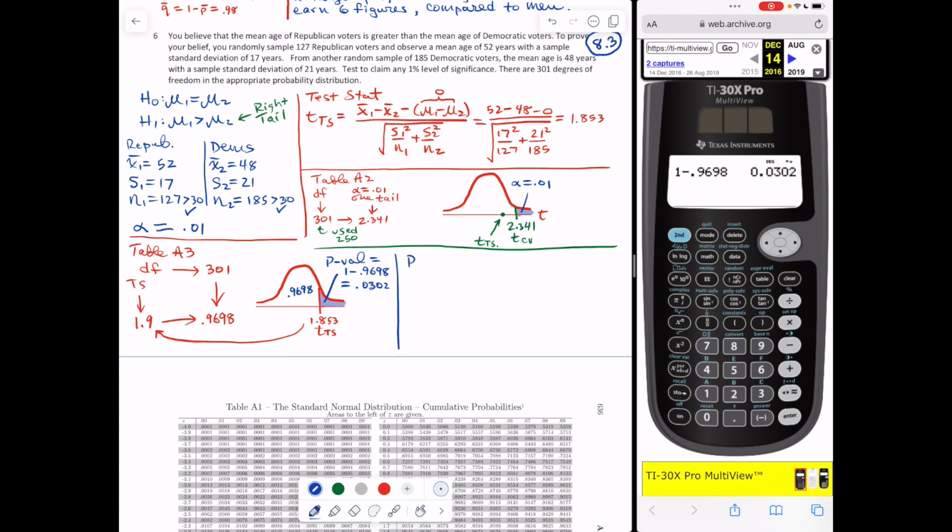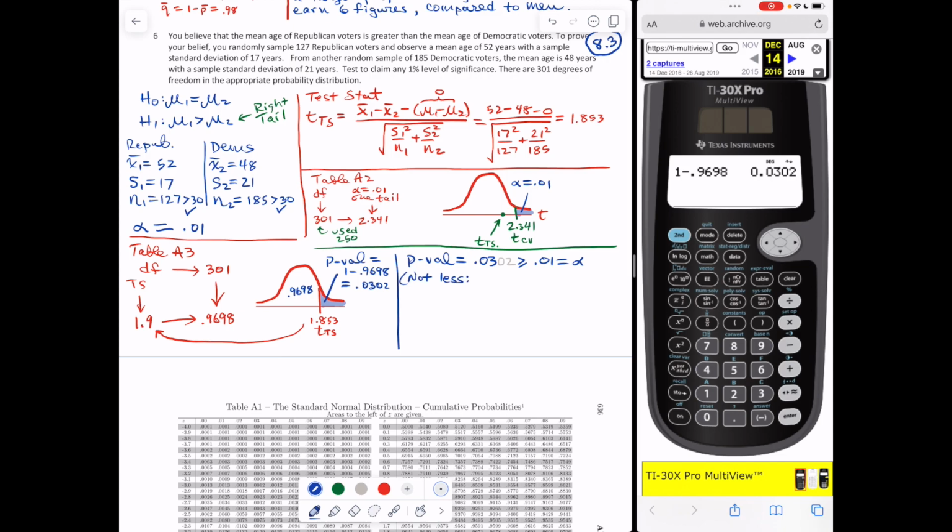Okay, so now we can kind of start to wrap this thing up. Our p-value was 0.03. I'll be sort of ignoring the 0.02. So 0.03 is greater than or equal to 0.01. That's our alpha. It's not less.